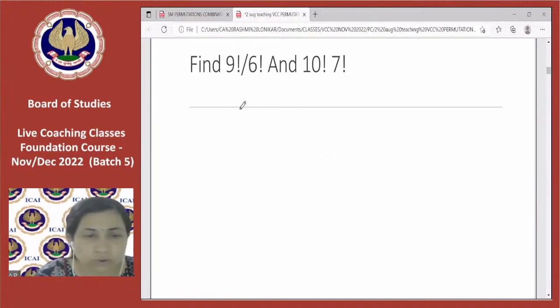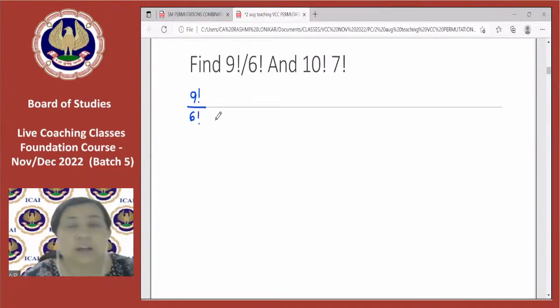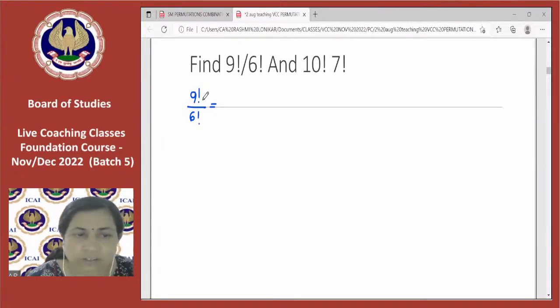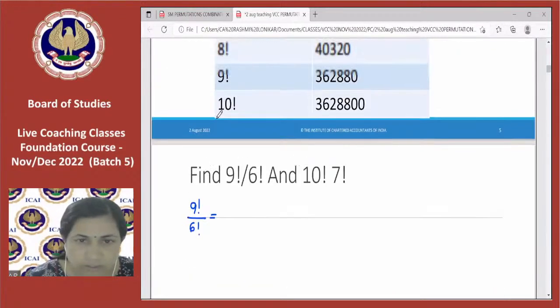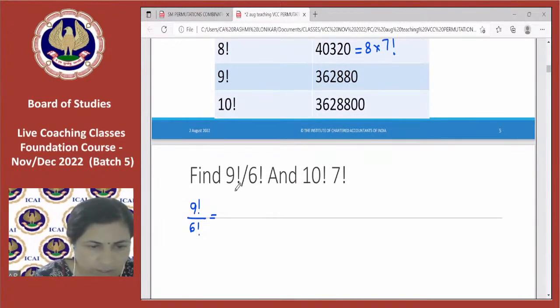So now let us go to this. You are asked to find out the value of 9 factorial upon 6 factorial. Remember, in this case, I can either write down the value of 9 factorial and the value of 6 factorial. 9 factorial is 362,880 upon 6 factorial is 720.